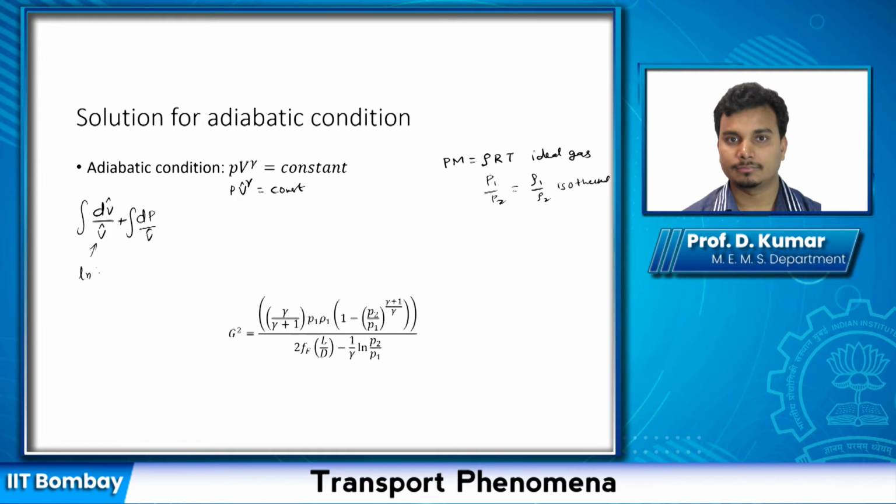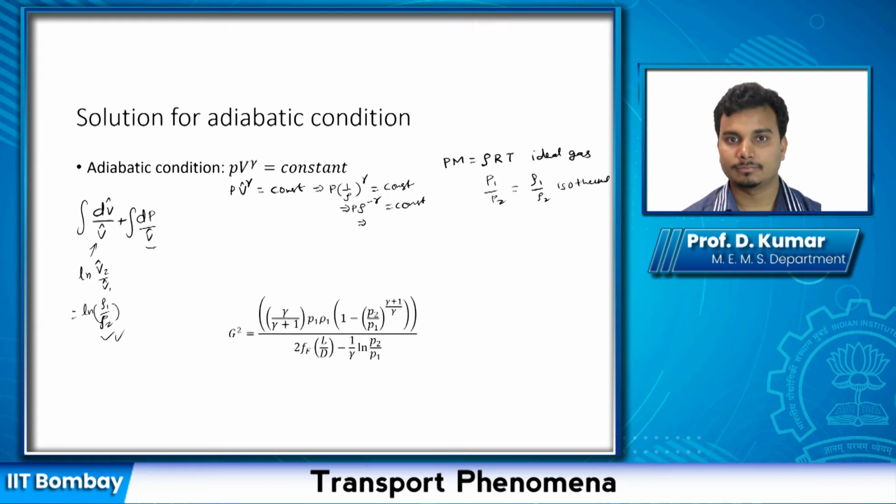This will be ln V2 by V1, and this is equal to ln rho 1 by rho 2. So from here, for the adiabatic case, you can alternatively write P by rho raised to gamma is constant. So P rho minus gamma is constant. So from here you can actually evaluate this term. Okay, it's a ratio, so the constant will cancel out.